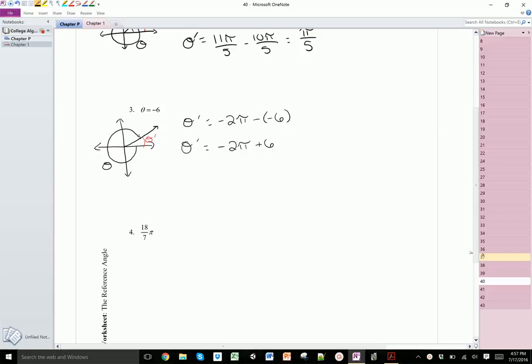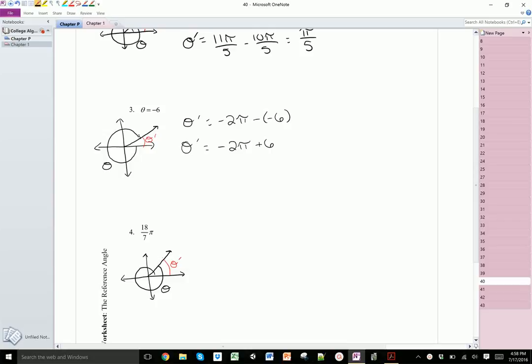Okay, let's try this last one. So 18 pi over 7, where is that going to be? So if it was 14 pi over 7, it would be 2 pi, so it's going to be a little more than 2 pi. So it's like somewhere over here. So there's my theta. So I can find theta prime by subtracting.